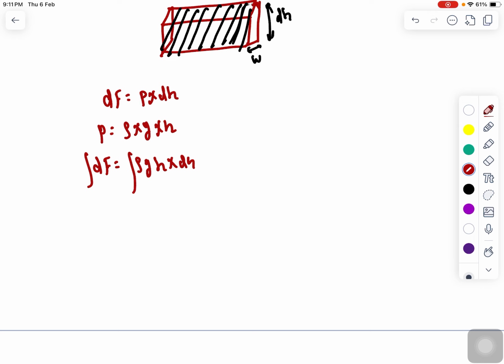So I can now write the force as the integral of rho g h w dh, and height will go from 0 to capital H. The force will be equal to rho g w H squared by 2.